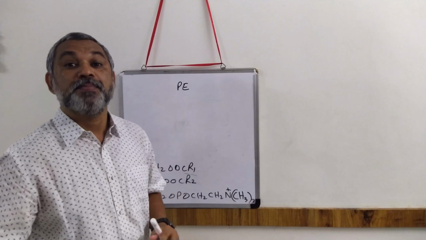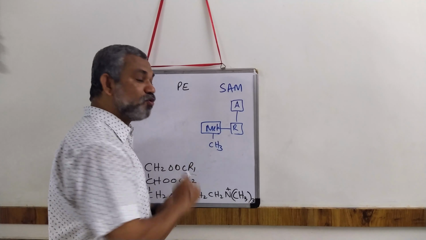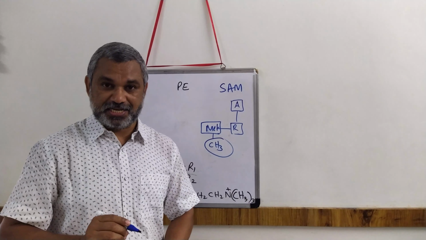The sulfur of the methionine has a methyl group. This methyl group we are going to transfer here. Once the methyl group is removed, S-adenosyl methionine becomes S-adenosyl homocysteine.